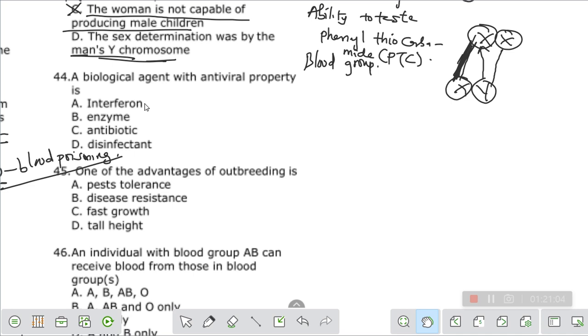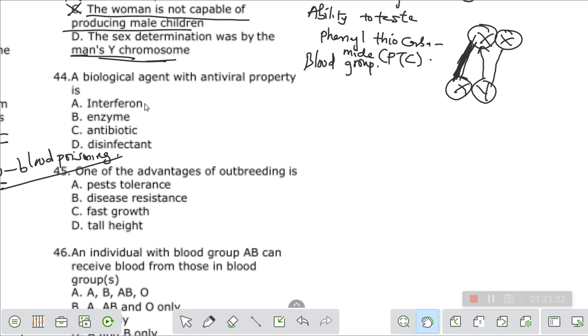Okay, what about disinfectants? What's the function of disinfectants? It's a chemical substance. Disinfectants are not used for only one thing. You can use disinfectants to kill microorganisms like bacteria, viruses, fungi on inanimate objects and surfaces, right?